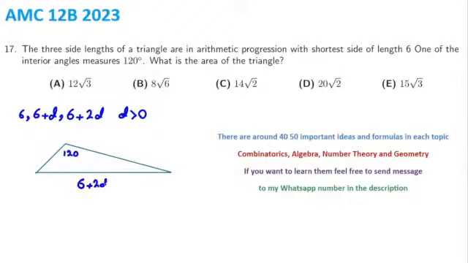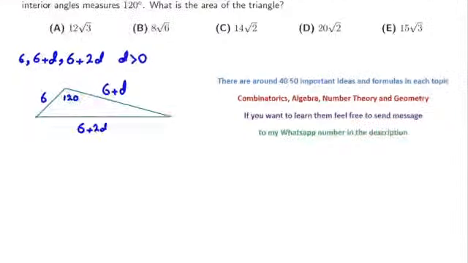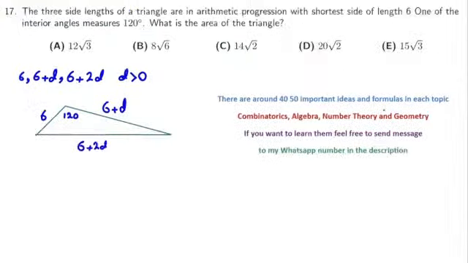So this one is 6 plus 2d. One of them is 6 plus d and the other one is 6. Okay, now we want to find the area of the triangle. If we find d, then we have all sides of the triangle and we can calculate the area by the formula 1/2 times this side times this side times sine of 120.